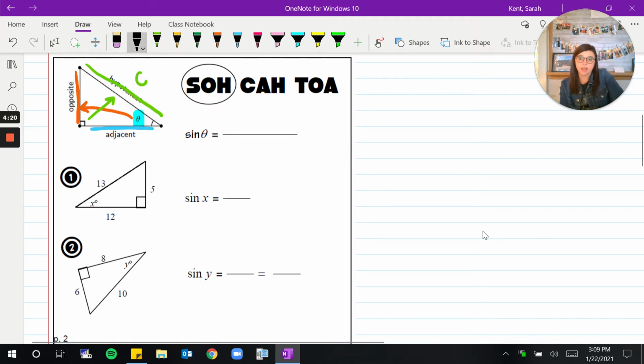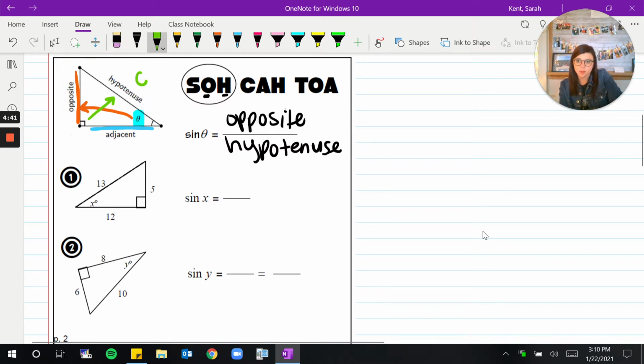So for sine, we want to remember opposite, so that's what the O is for, over the hypotenuse. That's what the H is for. I want you to see hypotenuse there.